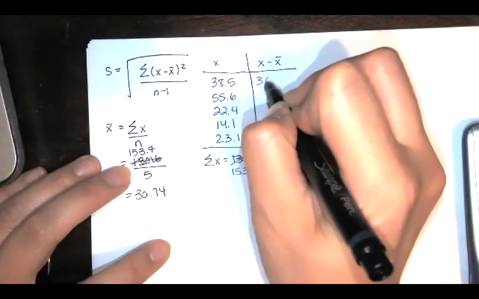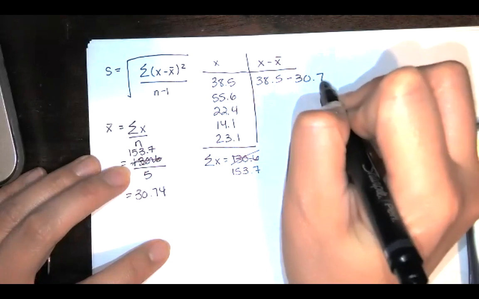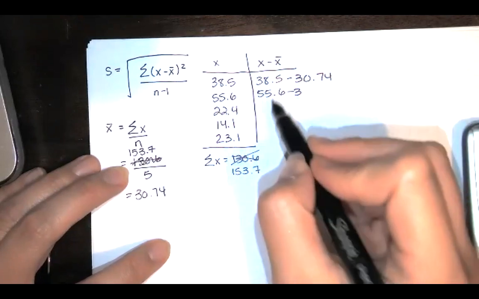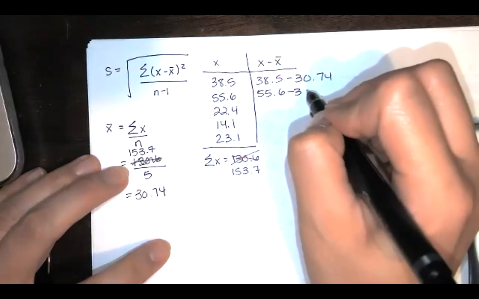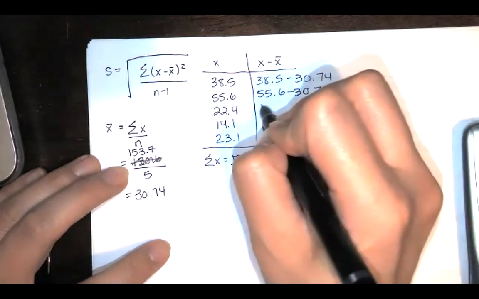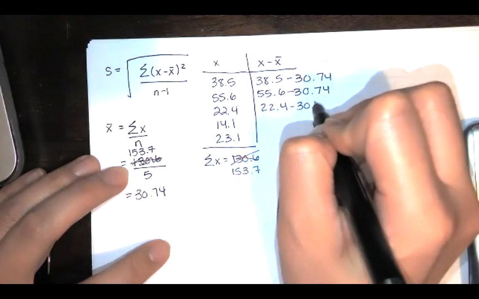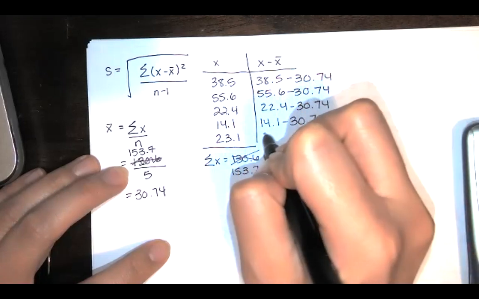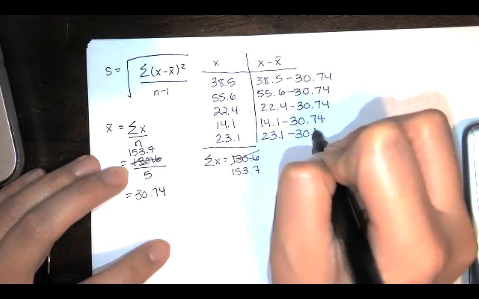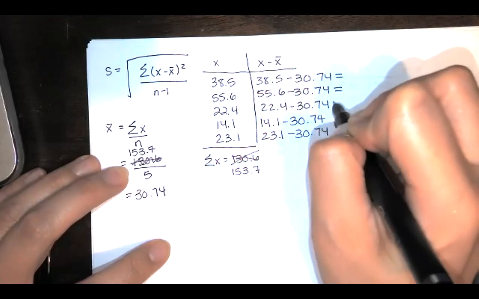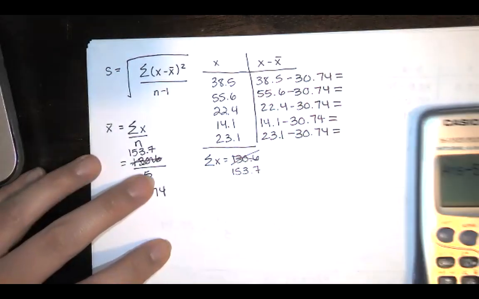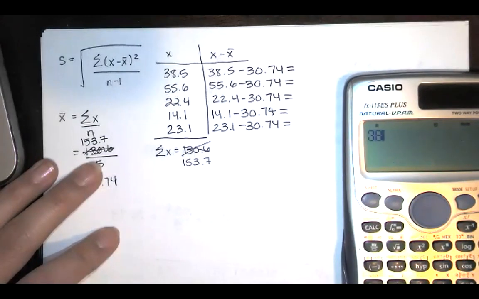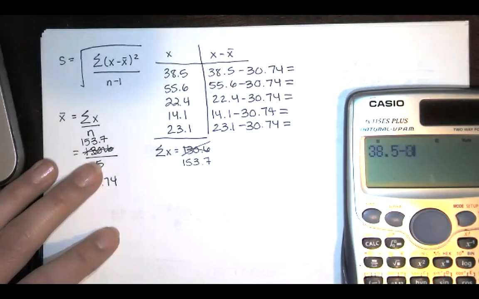So now we want to take each of these values and subtract the mean. That gives us the deviation of this particular value from the mean. Okay, so now we are going to take 38.5 and subtract the mean.